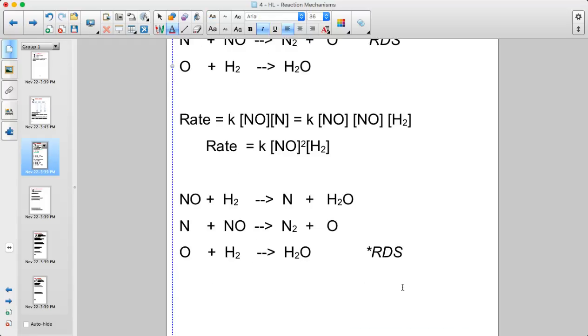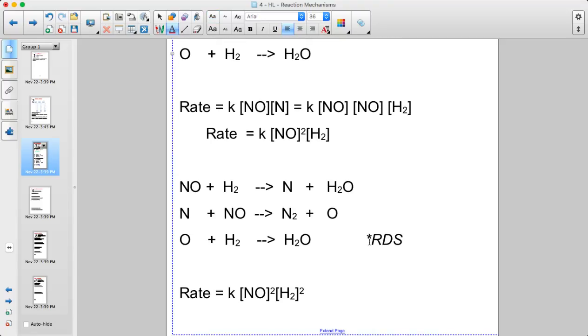If we're doing this last one, and the third step was the rate determining step, then your rate would depend on H2 and O. But since O is an intermediate, you'd go back here. What does O depend on? Well, O depends on those two. And since N is an intermediate, what does N depend on? It depends on those two. And so in the end, you'd get a rate equation that was NO squared and H2 squared, and it would be fourth order overall.